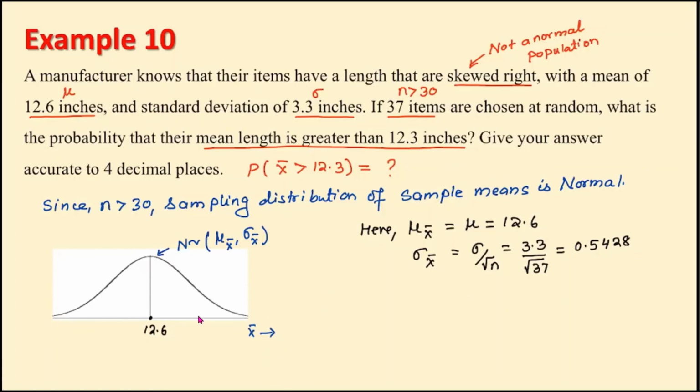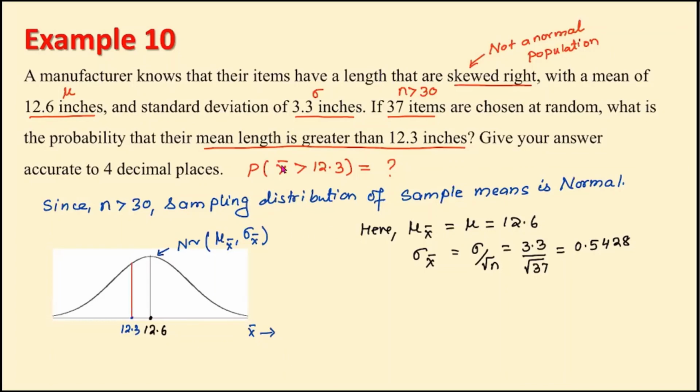Now, once we know this, we want to find the probability that the mean is greater than 12.3. 12.6 is here, so 12.3 will be somewhere very close to that on the left. So that is 12.3. Let me also draw the line to separate the lower and upper values from 12.3.